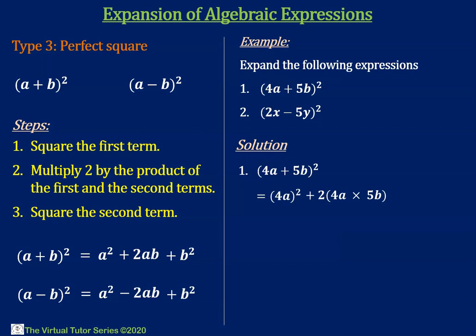That is (5b) all square. (4a) all square is 16a square. 4a times 5b is 20ab, and 2 times 20ab is 40ab. Finally, (5b) all square is 25b square.